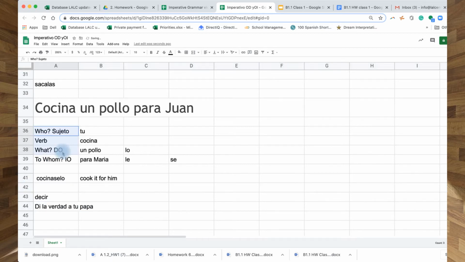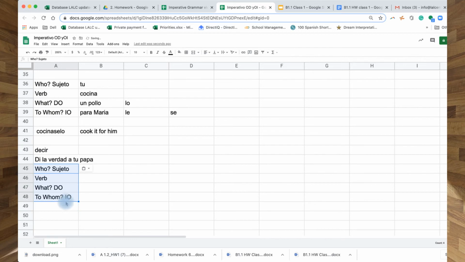Tú. Di la verdad. Verb, di. What? La verdad. So we're going to replace it with la, direct object. To whom? A tu papá, which will be le. And remember, every time we have these two together, we have to put se. Always, anyways, indirect object goes first and then direct object.